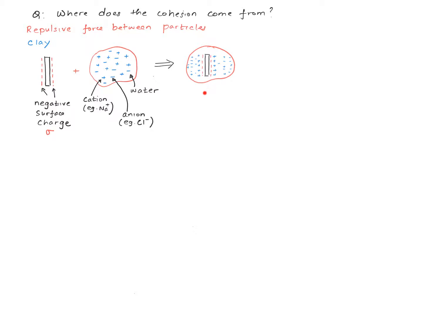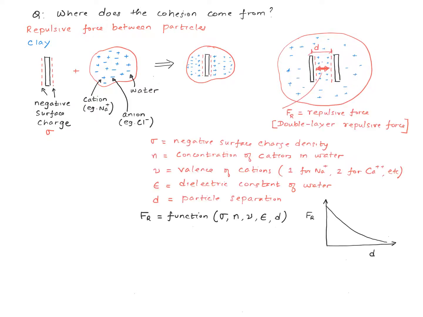And this is what happens. The surface of the clay particles attract cations and repel anions, and so the ions in the water become redistributed around the clay particle. Now let's say we put two particles close to each other, like in this picture. Due to the redistribution of the charges between the two particles, a force develops in between the two particles, and this force is repulsive in nature.